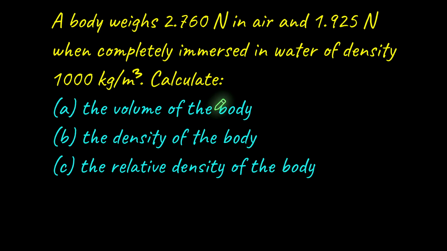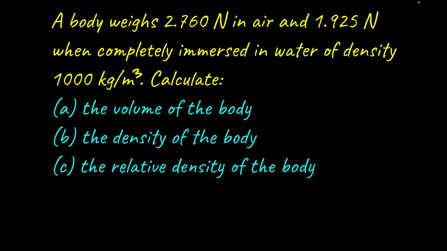Now that's the weight in air, and it's 1.925 newtons when completely immersed in water of density 1000 kilograms per meter cubed. Now what we're going to analyze here is the volume of the body to begin with, then the density of the body, and we're looking at the relative density as well. So this will have us referring back to what Archimedes' principle states earlier.